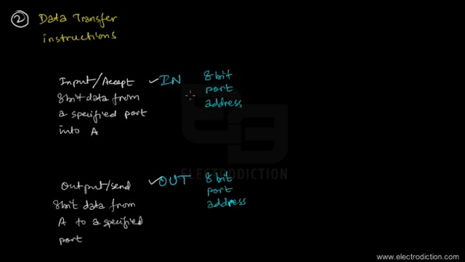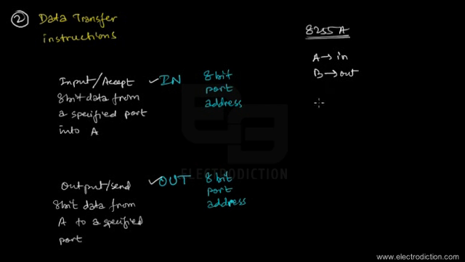Let's say we're using the 8255A chip. Let's illustrate this process with an example, using its port A as an input port and port B as an output port.